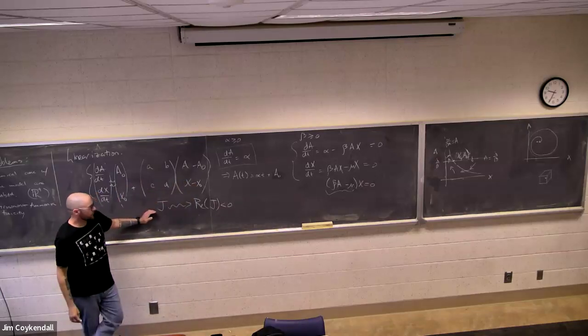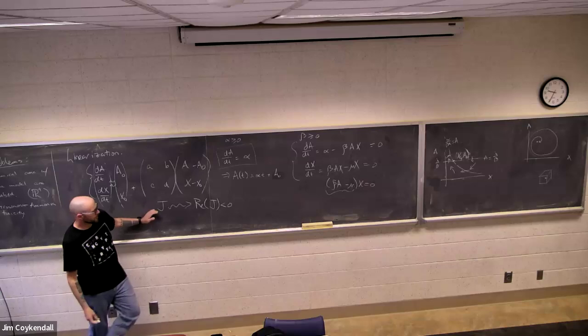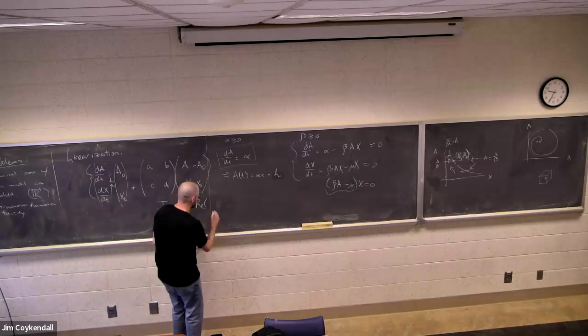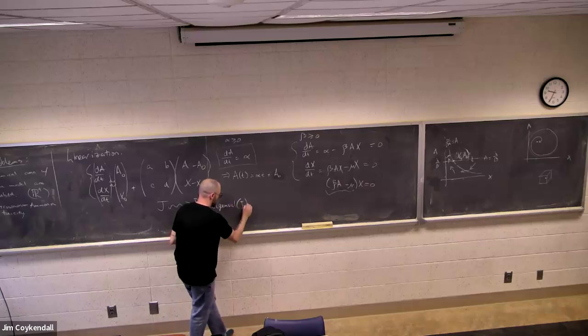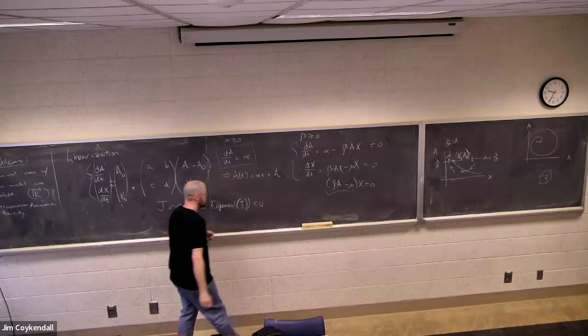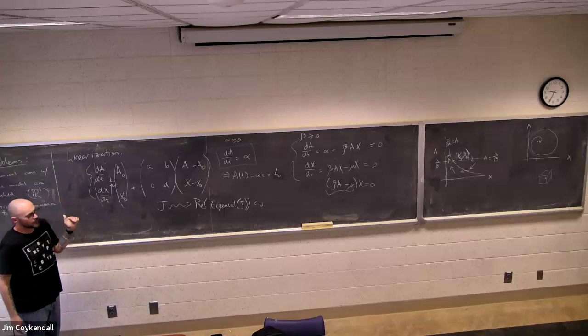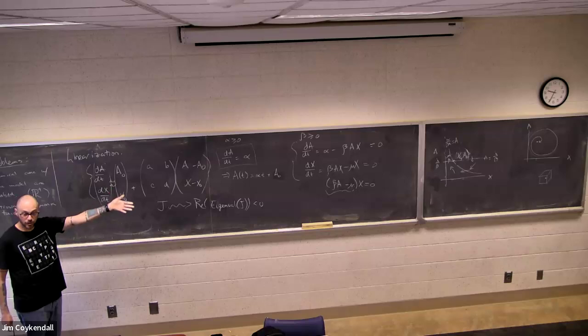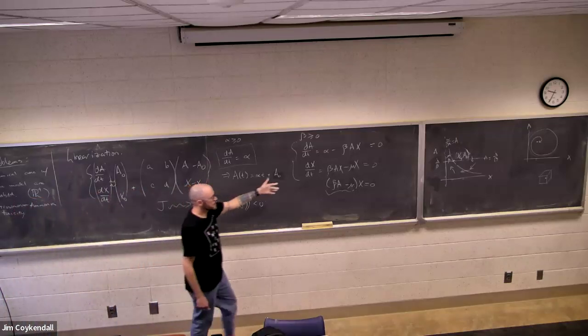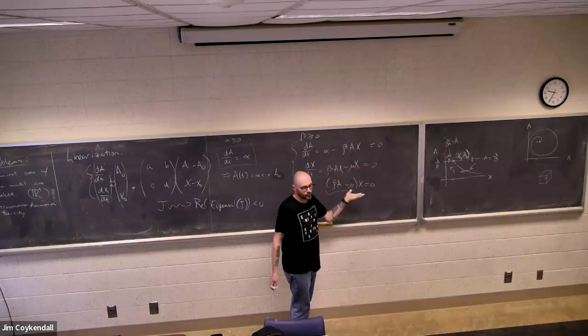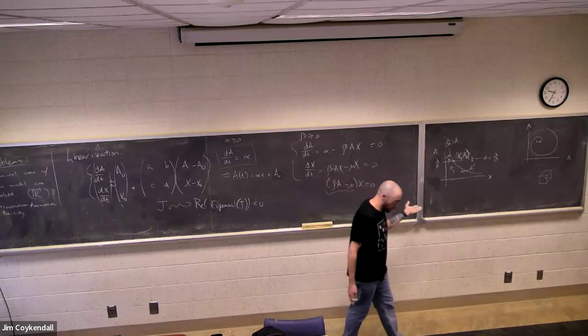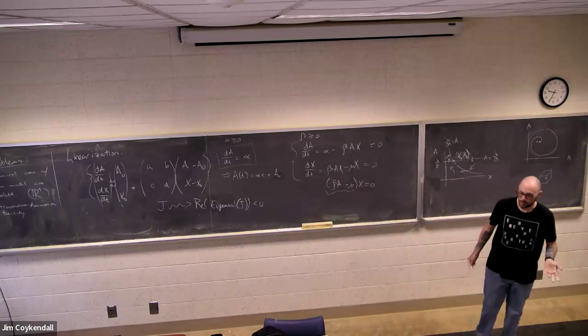If the real part of the eigenvalues of this matrix is negative, then this equilibrium is stable. And as it turns out, because of the way that this is structured, this is always going to be stable. So in terms of the predator-prey equation, we never really need to worry about it.